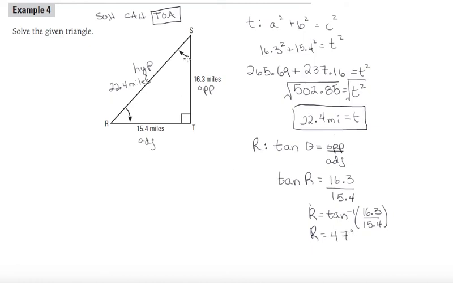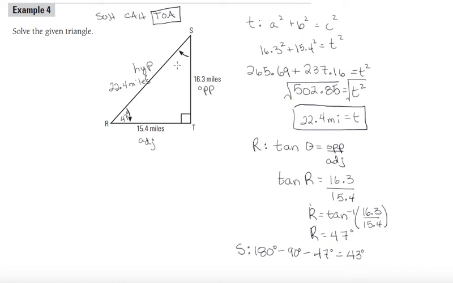Now we could solve for s, doing the same thing using tangent. This would be the opposite now, and this would be the adjacent. We could solve for it, but you know what? If we're saying this is 47 degrees, we can do a subtraction with the angles just like we did before. So s is 180 degrees minus 90 degrees minus 47 degrees, which is just 90 degrees minus 47, which is 43 degrees.